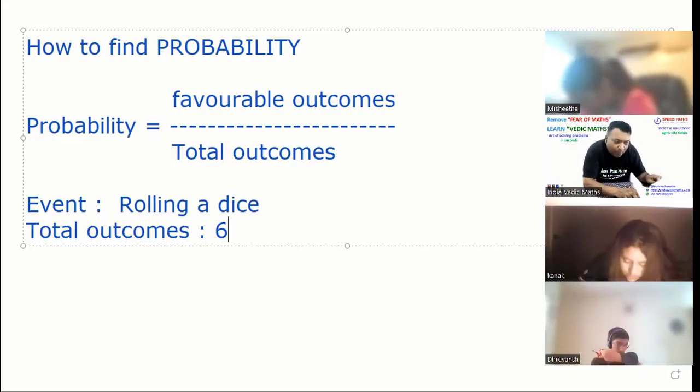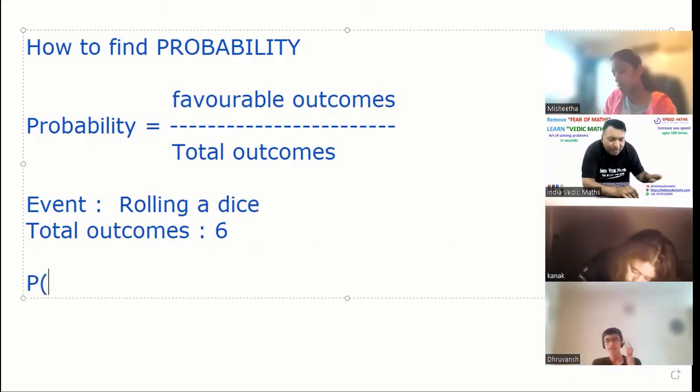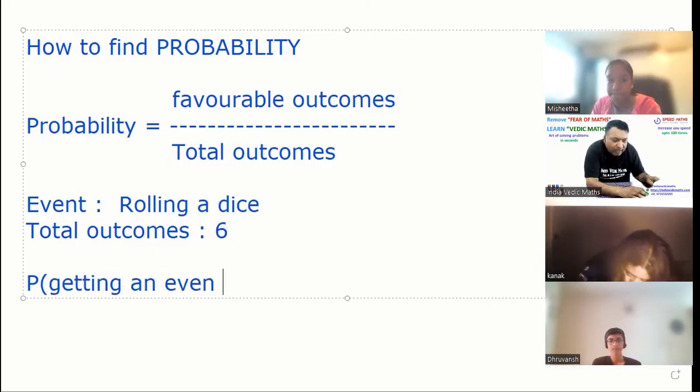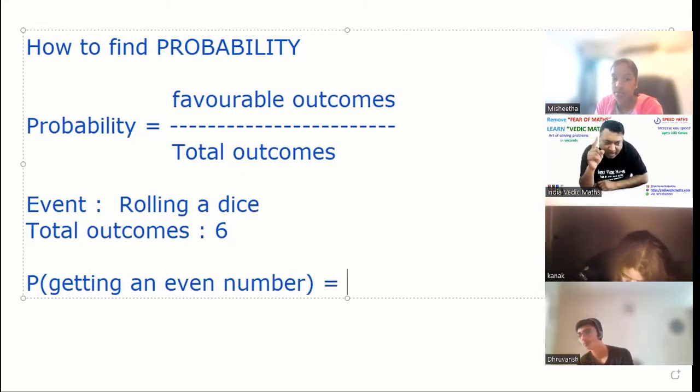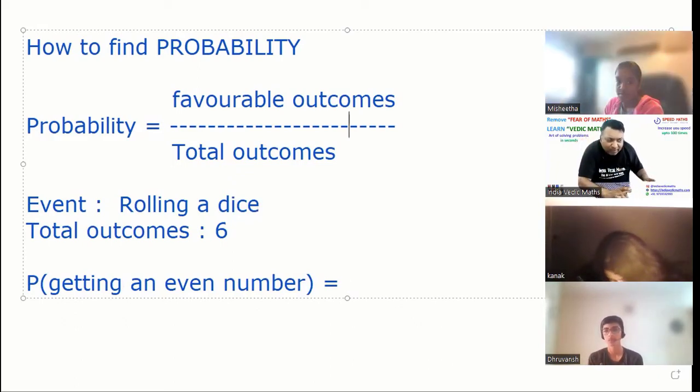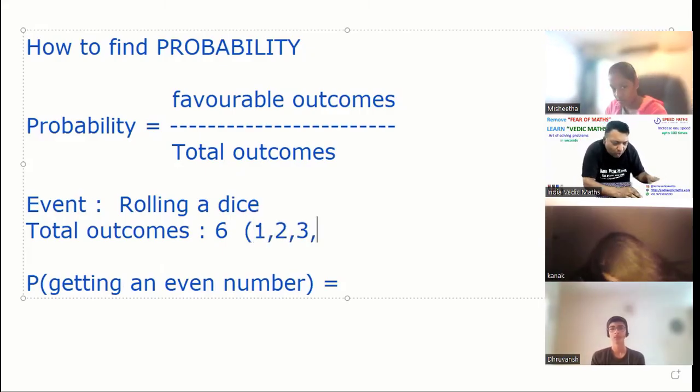If I say, what is the probability of getting an even number? So outcomes are 1, 2, 3, 4, 5 and 6. Out of 6, which outcomes are favorable to us? 2, 4, and 6. So 3. So total outcomes are 6.